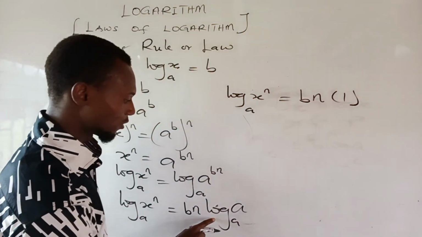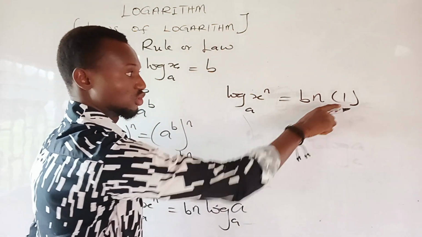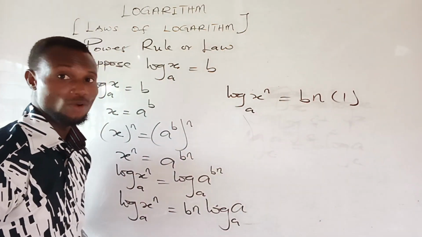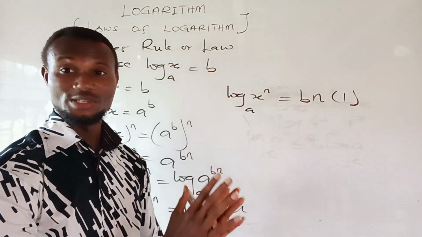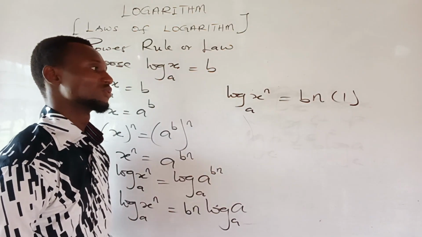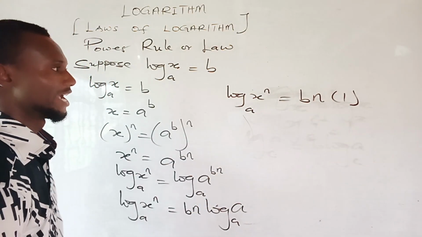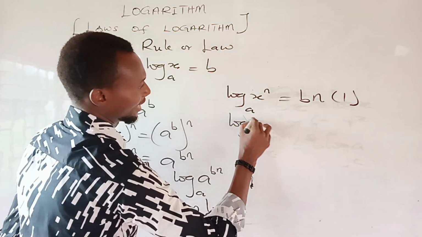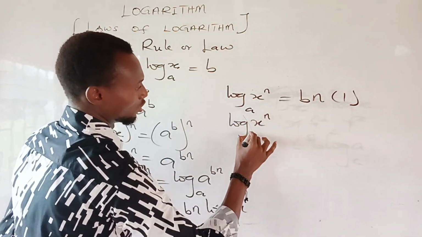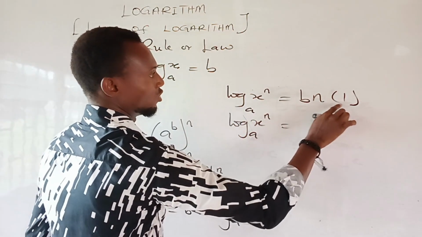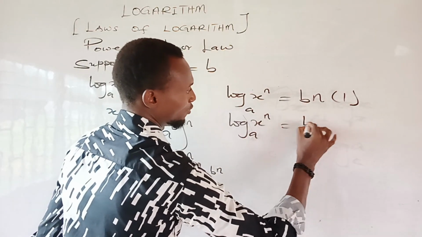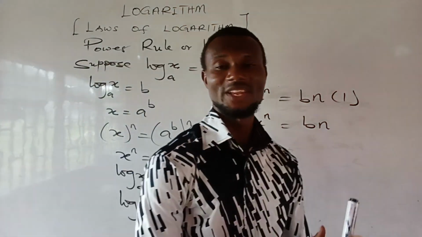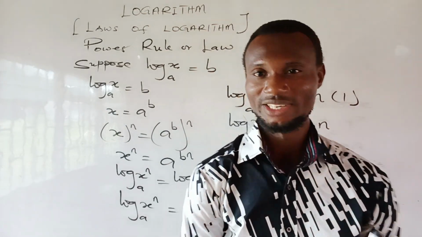So in place of log a to the base a, I'll put 1 there. So your bn is here multiplying 1. I hope you understand and you agree with me up to this point. Okay, so now let's proceed and solve further. So I'll have my log s to the power n to the base a equals bn times 1, which remains bn. I hope you understand and you agree with me up to this point.